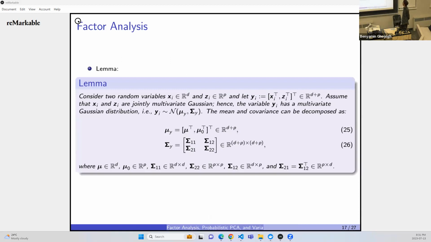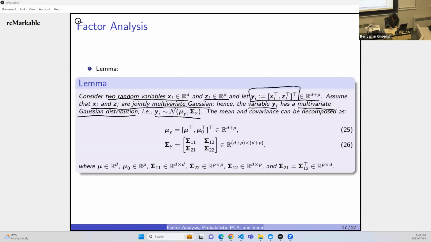Okay, there is a lemma for joint distribution. Consider two random variables, Xi and Zi. Xi is d-dimensional, Zi is p-dimensional. Let's concatenate them into a vector Yi, as we did. Assume that Xi and Zi are jointly multivariate Gaussian. This lemma says what the mean and covariance of Yi are with respect to the mean and covariance of Xi and Zi.